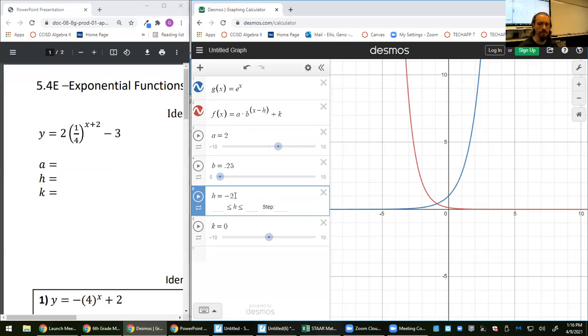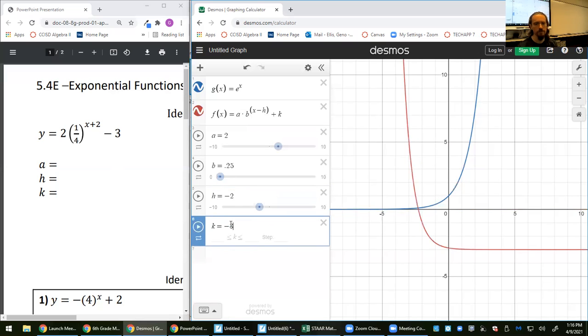And then k is nice and simple. Whatever you see for k, that's what you put. So if it says -3, k is -3. So we could say this is an example of exponential decay. It's been shifted to the left 2 units, and it's been shifted down 3 units. There you go. That's what happened.